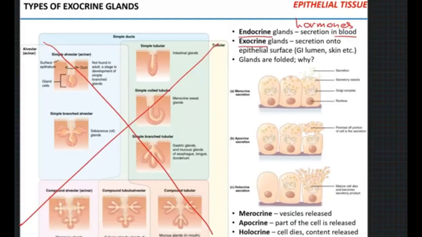It can be on the surface of your skin, your sweat glands. It can be in the lumen of your intestine, a chunk of pancreas. It can be into your mouth, salivary glands. Okay? All good? You said endocrine glands secrete hormones? Yes, into the blood.